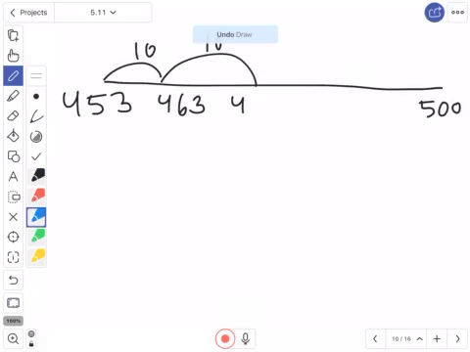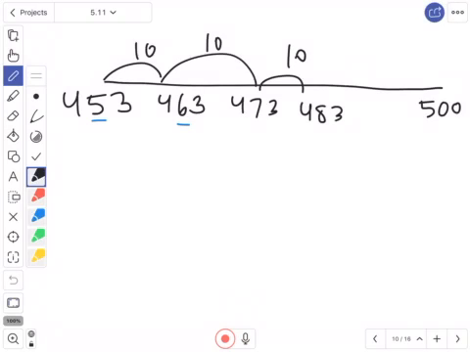Just think about my 10s are the only ones that's changing. It'd be 473. Be 483. And do another 10. 493. Then do my last jump.